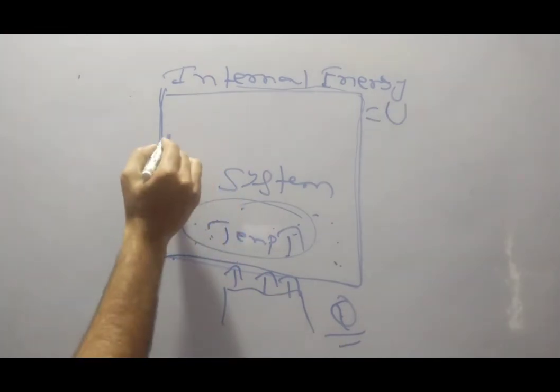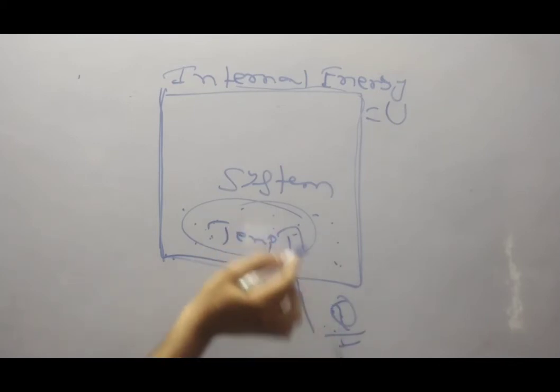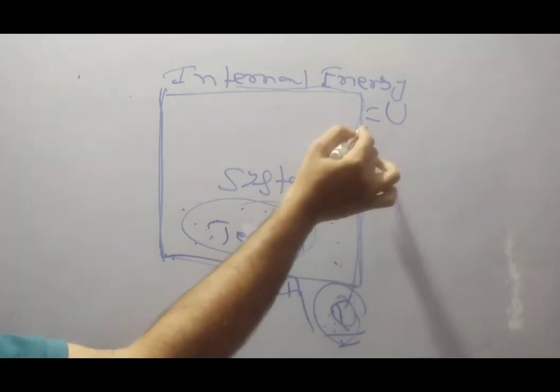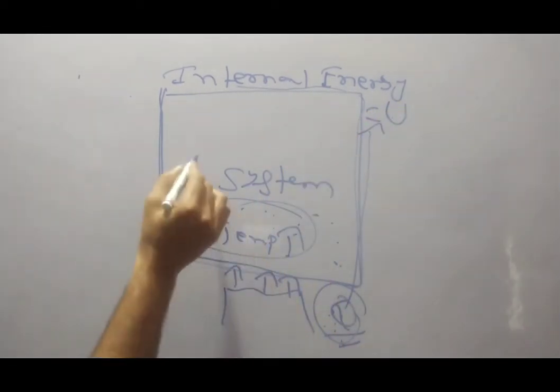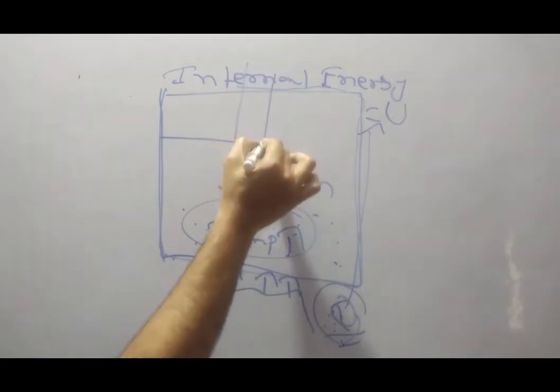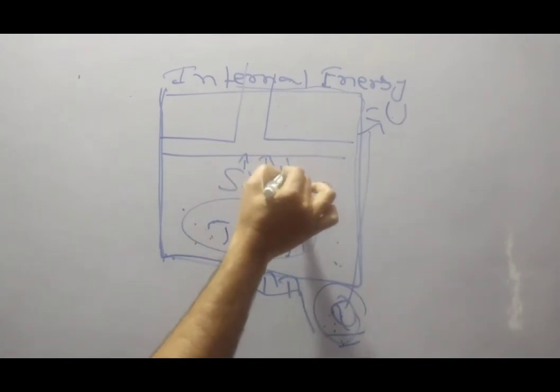And one more thing is, you can convert this Q to U, one form to another form, because of the law of conservation of energy. And you can also do some work here. If you keep a piston like this, some part of the energy will move this piston upwards.